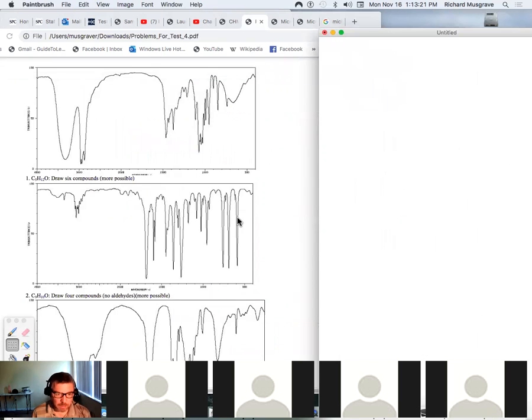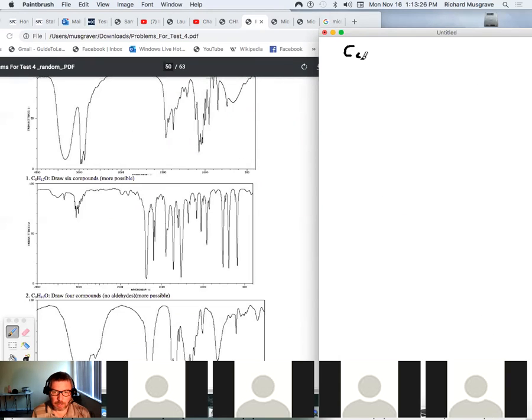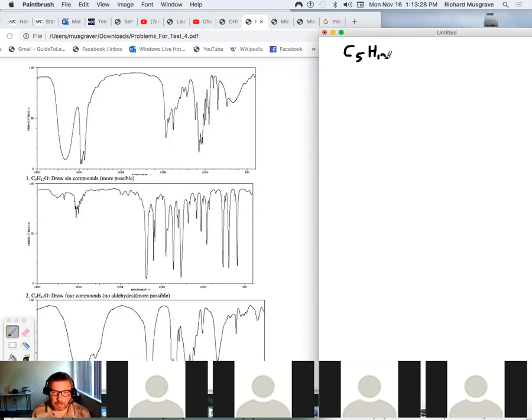Let's look at this example. You can see why I went through units of unsaturation. We've got C5H12O. That would be the first thing I would do, is figure out what the units of unsaturation were. So oxygen doesn't have an effect, so it just becomes C5H12. If it was saturated, lo and behold, it'd be C5H12.